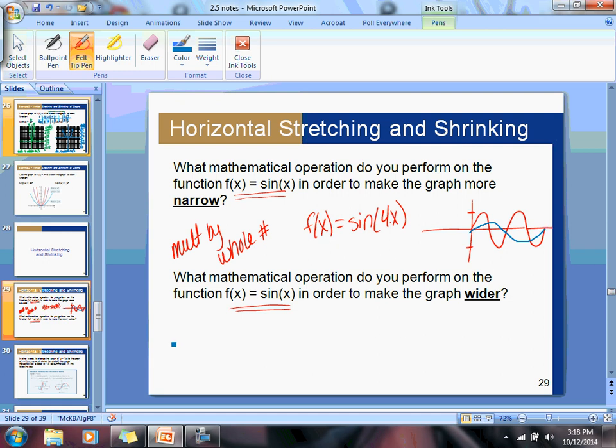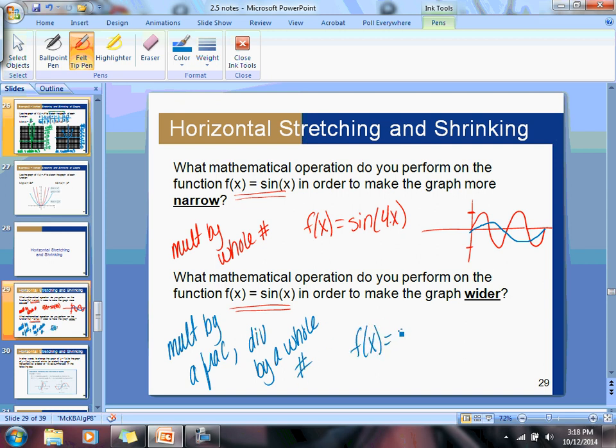And what we need to do there is we either need to multiply by a fraction, or you can think of it as dividing by a whole number. So we would have f of x equals the sine of 1/4 x.